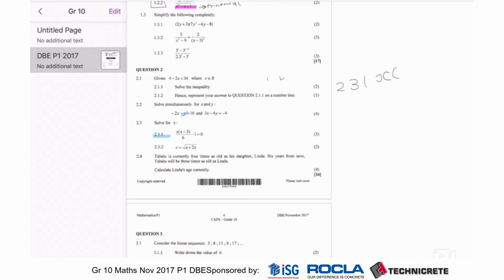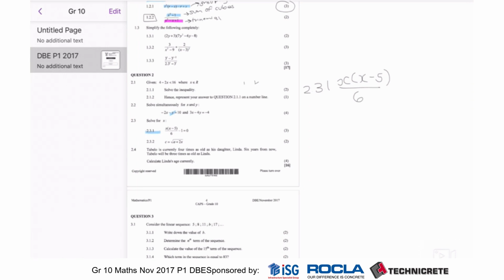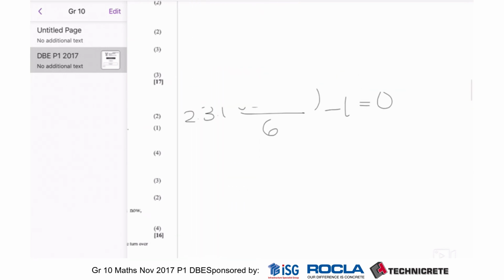So they give me x minus 5 over 6 minus 1 equals to 0. Okay, as I said, we're wanting to isolate x. Okay, so how am I going to simplify this? Firstly, I want to get rid of this 6. So I'm going to multiply both sides by 6 to get rid of that fraction.